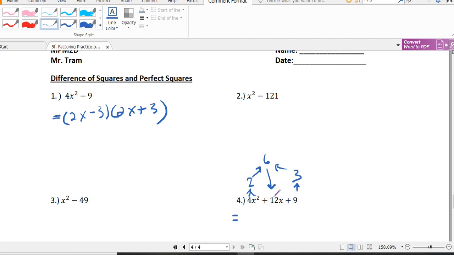So if that gives you a 12, then we know this is a perfect square, which means the two roots are 2x plus 3 and 2x plus 3. Or you can write that as 2x plus 3 squared.